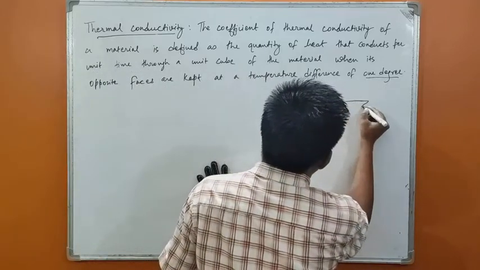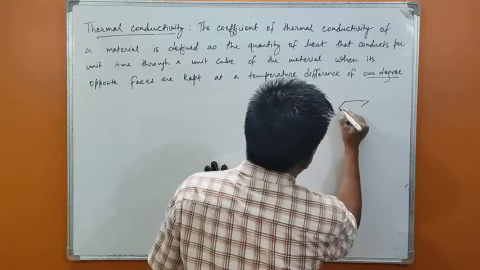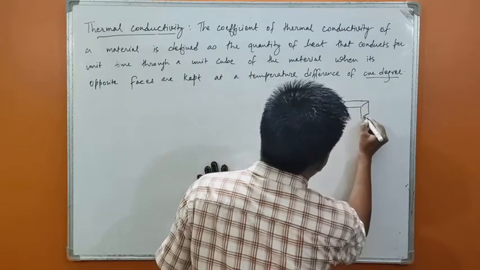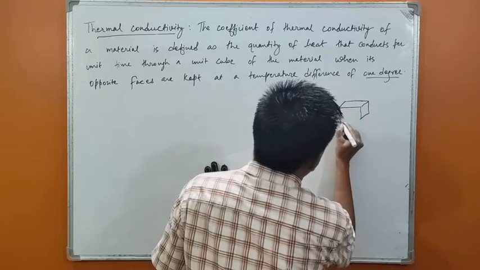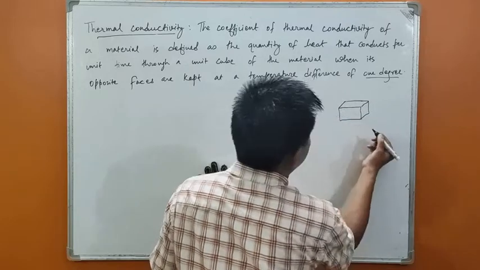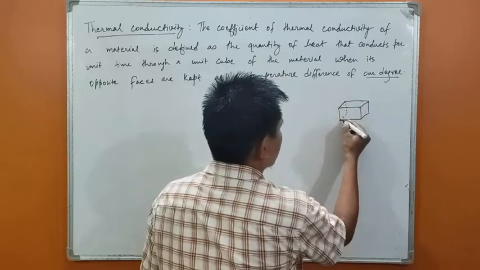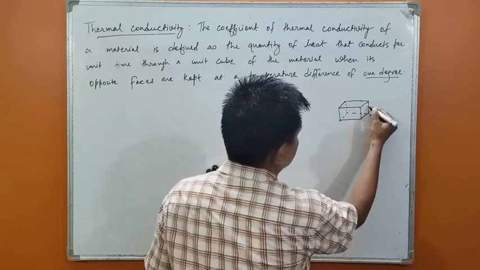So we have a unit cube. Unit cube means the length, breadth and height of this cube is 1. This is one surface and this is the other surface.